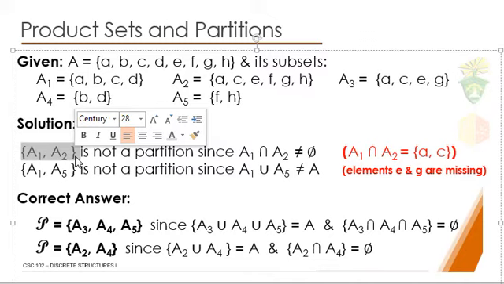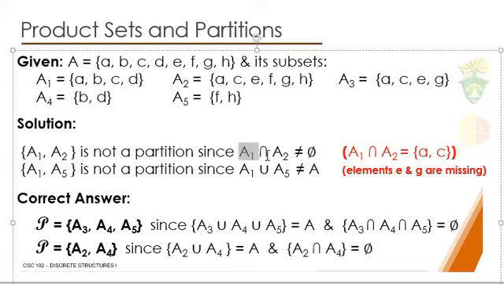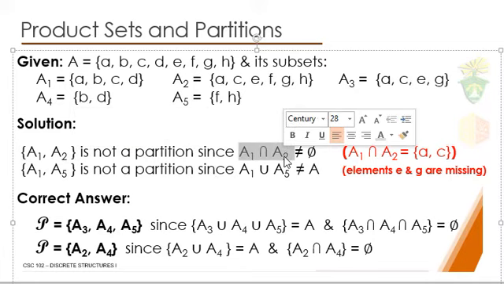Karon, if we try to check on the criteria, this set is not a partition of A since its intersection is not empty.